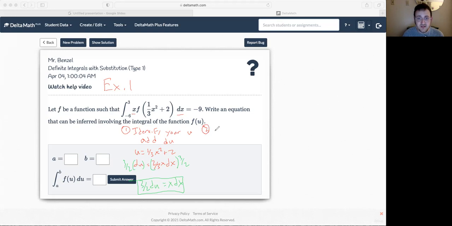So my limits of integration: I'm going to say that u of -6 is just plugging your -6 into the u function. This is the limits of integration part.